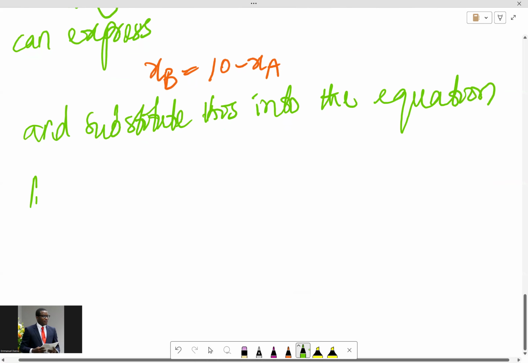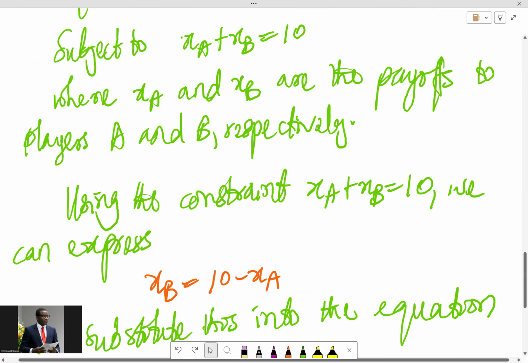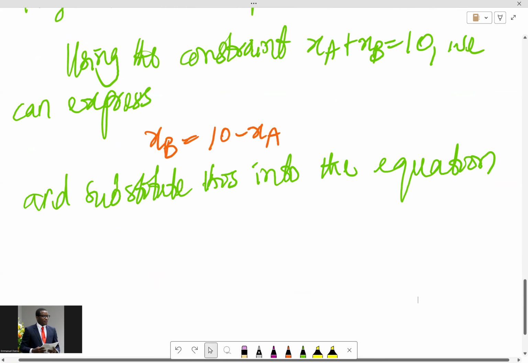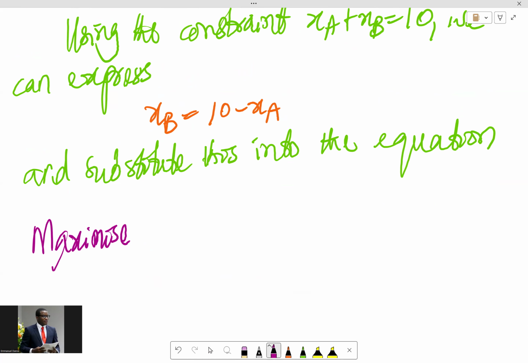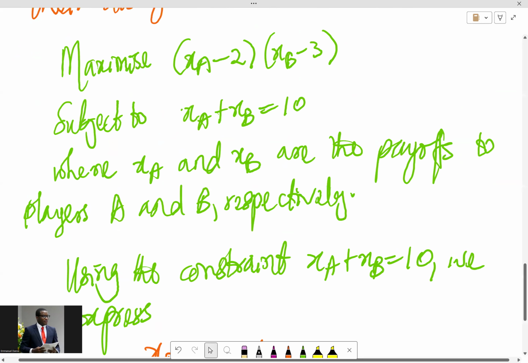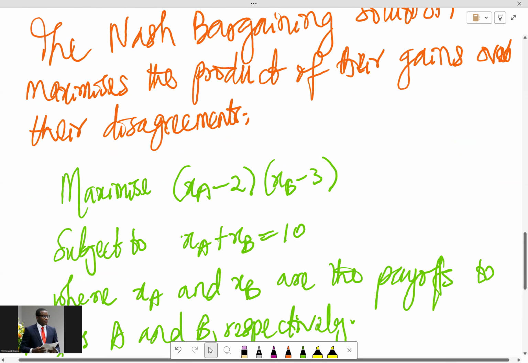So the new equation becomes maximize. Before it was XA minus 2, XB minus 3, but we have a new expression for XB.